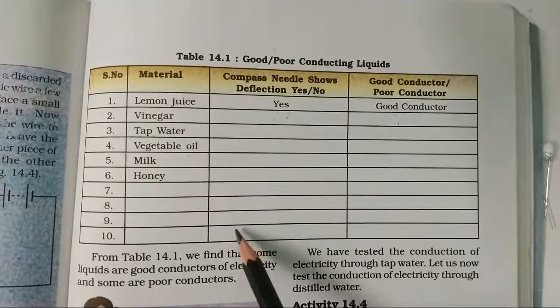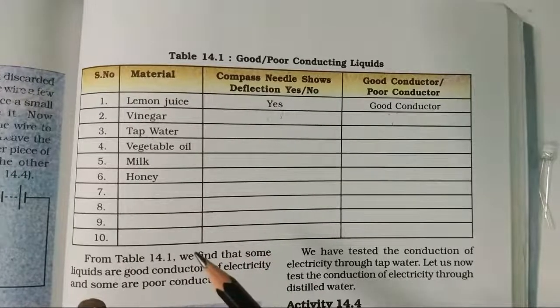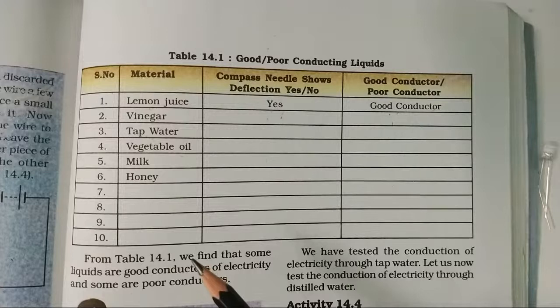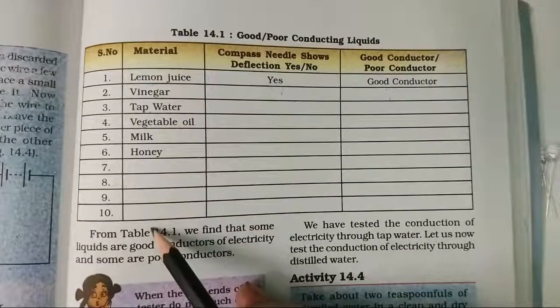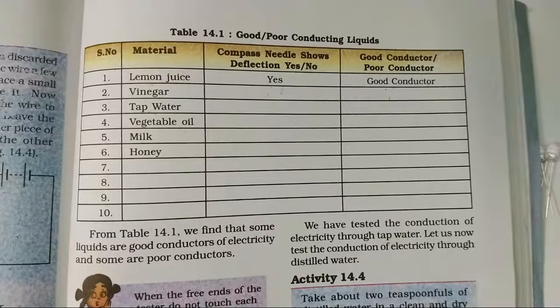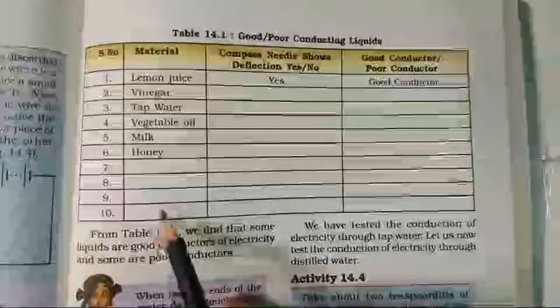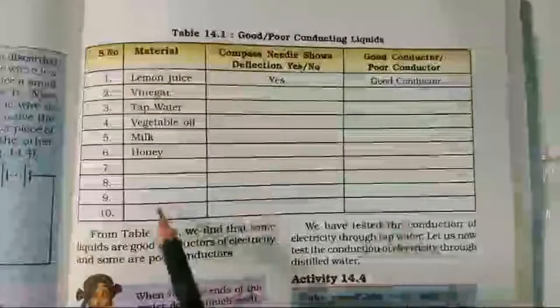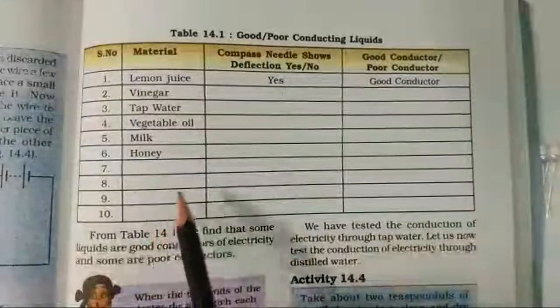If any substance is having large amount of salts, then it will behave as a conductor. If it does not have impurity, then it will not behave like a good conductor. So there are some columns which are left blank. From this you can see different names. You can try, I have tried with the kerosene, I have tried with the turbine oil, you can try with kerosene, you can try it with petrol also.